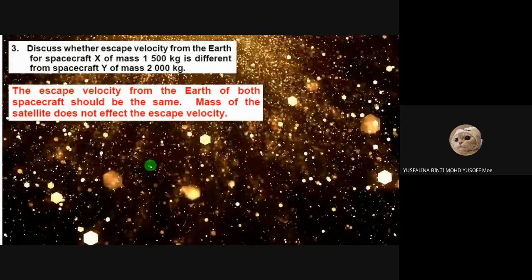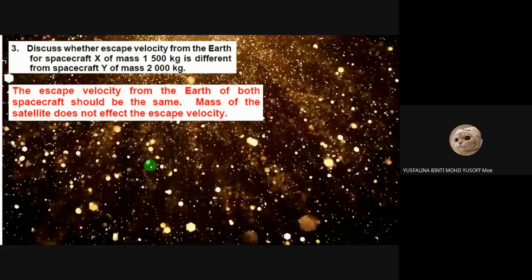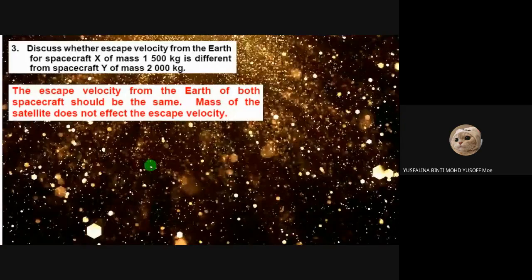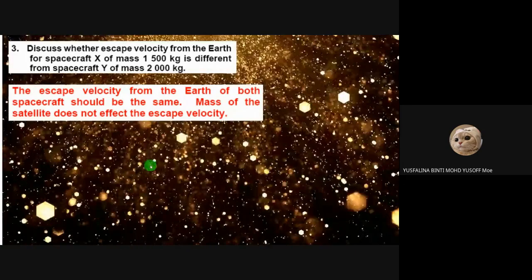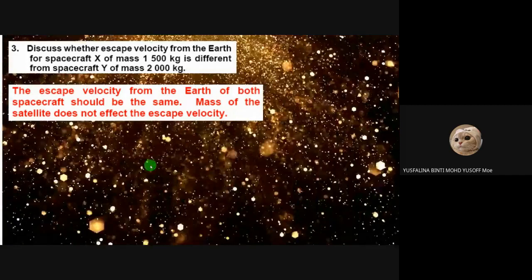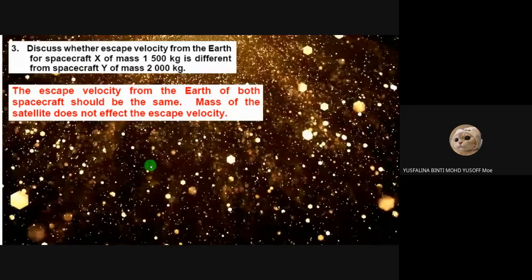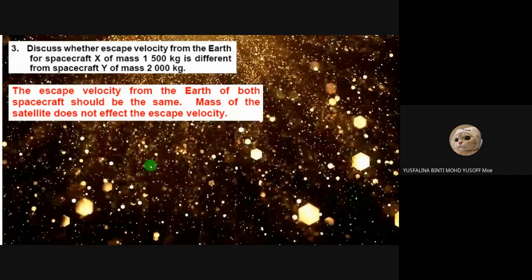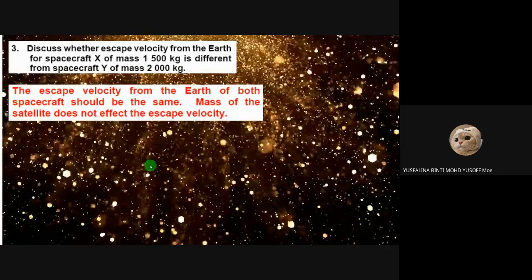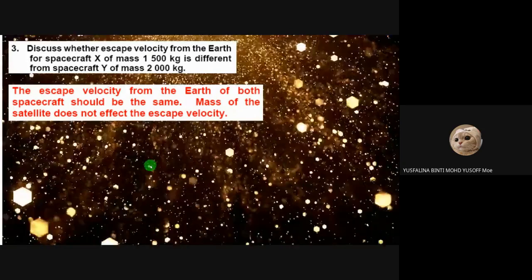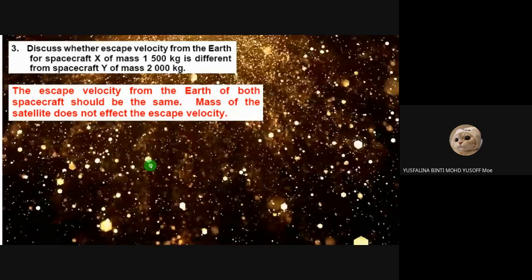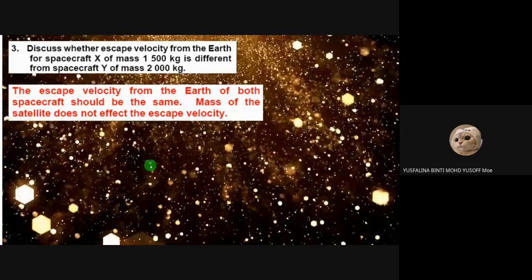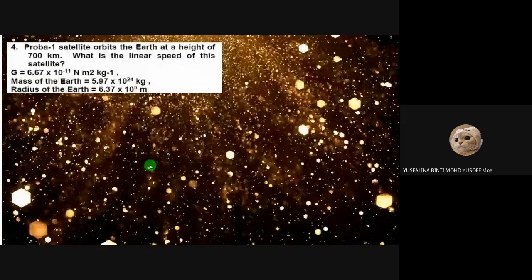It does not consider the mass of the spacecraft, so whether it is high or low, it will still have the same escape velocity. If you calculate, you will get about 11,200 meter per second. So that is the escape velocity for the Earth. It is not influenced by the mass of the object being launched; it only depends on the mass and radius of the Earth.